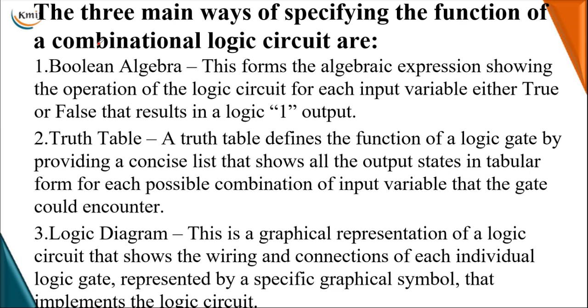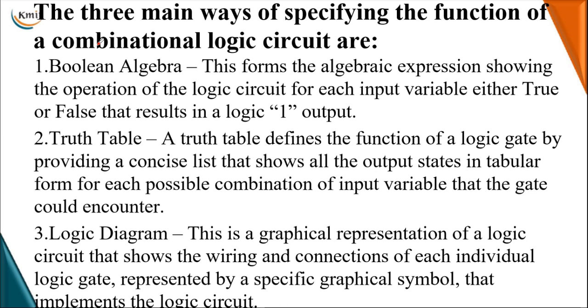The input variables are represented as true or false, which results in an output of logical one. In truth table form, we represent the function by providing a concise list of all the output states in tabular form for each possible combination of the input variables that the gate can have.